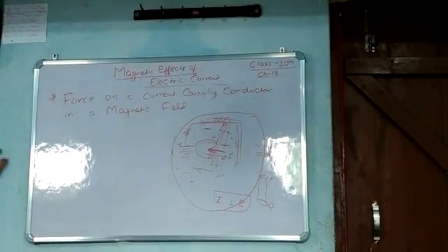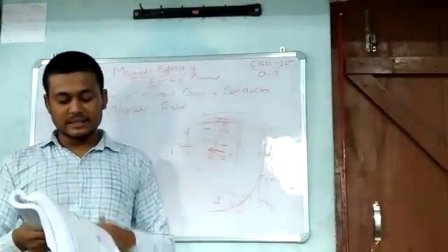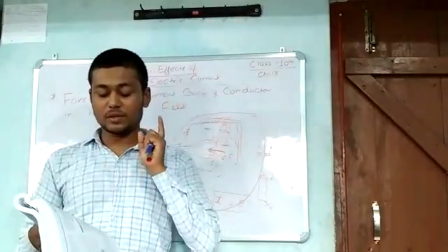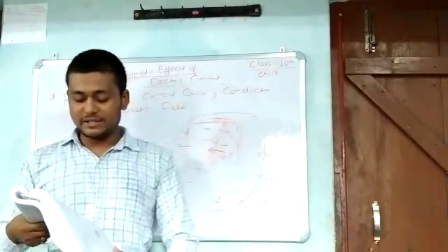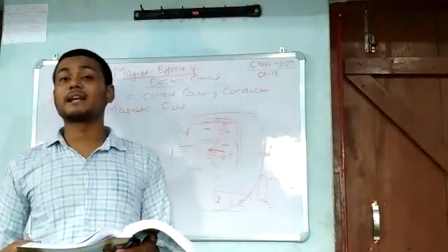In this situation, there are two factors. Let us see. The direction of force on the conductor depends upon two things. First, the direction of current, and second, the direction of magnetic field.